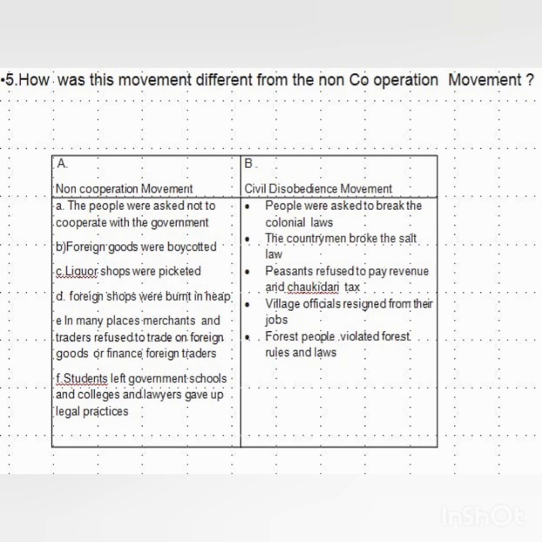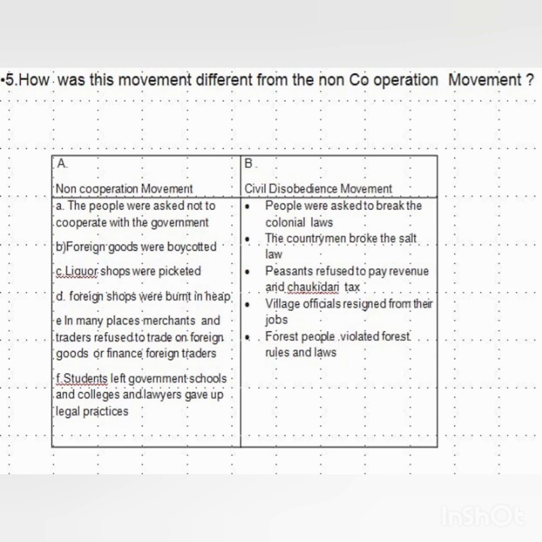In the non-cooperation movement, liquor shops were picketed. On the other hand, peasants here refused to pay revenue and chowkidari tax. In the non-cooperation movement, foreign shops were burnt in heaps. But in the civil disobedience movement, village officials resigned from their jobs.